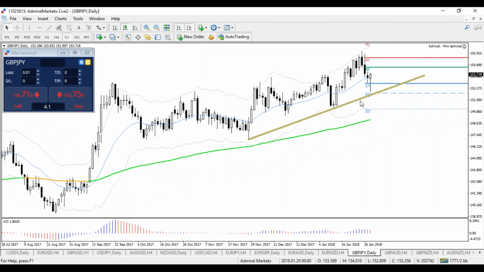In any case, price is bouncing off these weekly pivot points, and that could be a bouncing spot. Still in this channel.